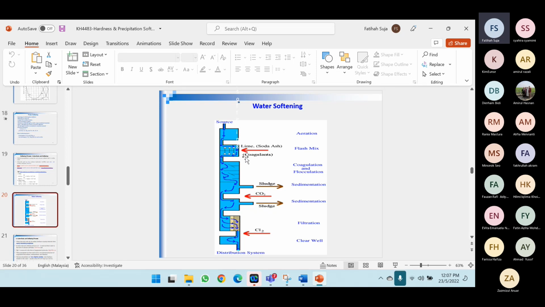Usually you use the lime soda ash at the beginning of the treatment sequence, where you have this lime and soda ash. Sometimes you can also use it together with your coagulant tank, as you have learned about removal of clay and minute particles of clay using coagulation. So this is where you put the treatment unit.